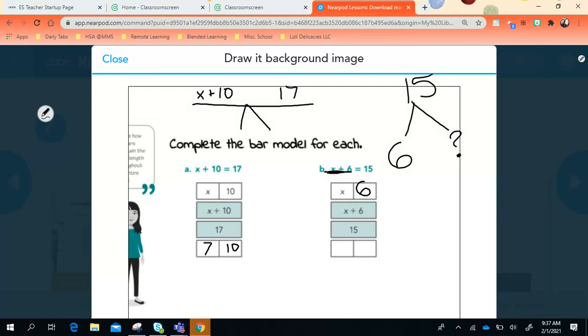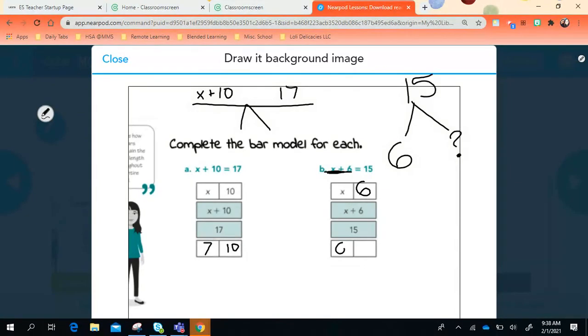Nice. Good morning. Good. I saw on everybody's paper, 6 plus what gives me 15?